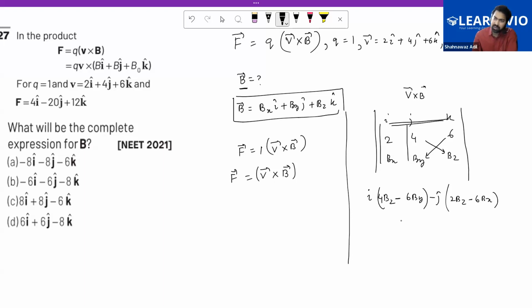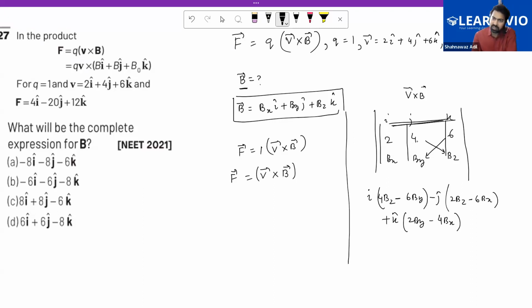And then k hat, this would be 2By minus 4Bx. So this would be the cross product.